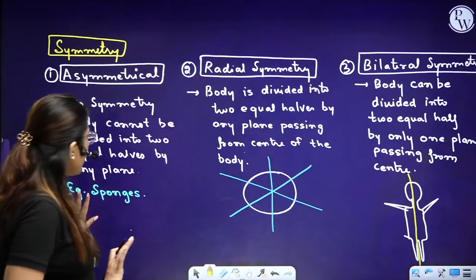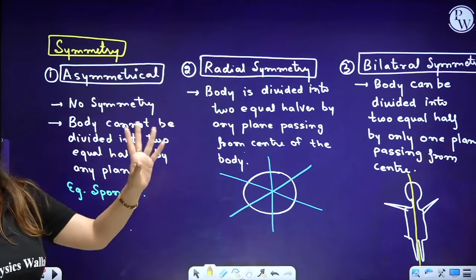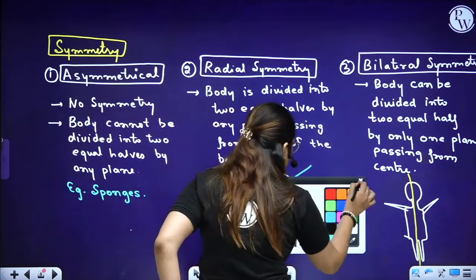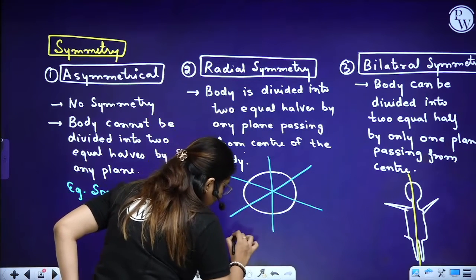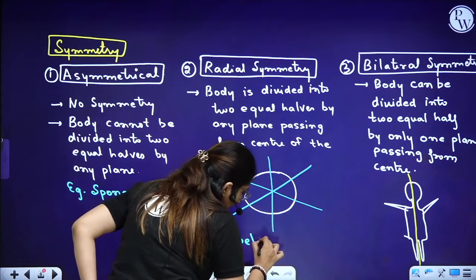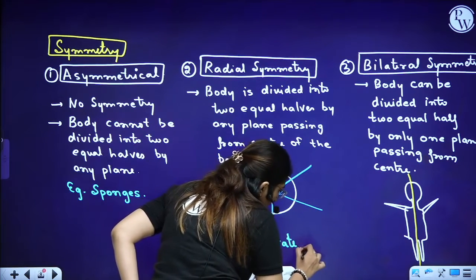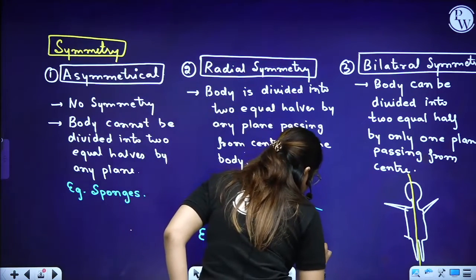Now their examples we have done. Let's talk about examples of the radial symmetrical and the bilateral symmetrical organisms. So here the example we have is the coelenterates. Other than coelenterates, we have the ctenophore.